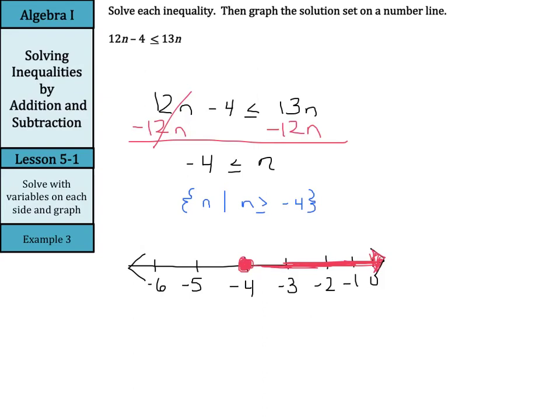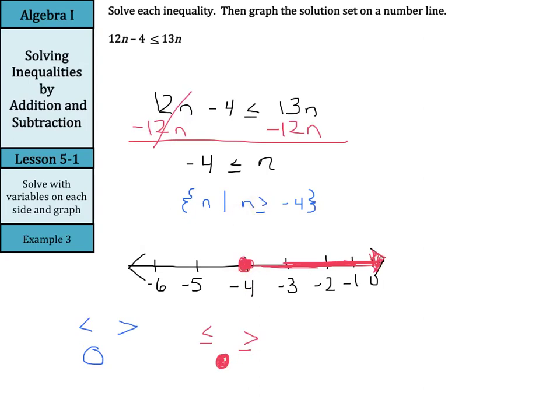Now, just as a little note here, when you have less than or greater than, we're going to have an open circle on our graph. When you have less than or equal to, greater than or equal to, or even equal to, it's a closed circle. And the reason why, if you were to put negative 4 into this inequality, is it true?